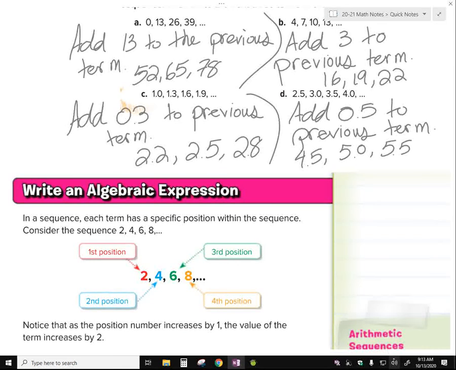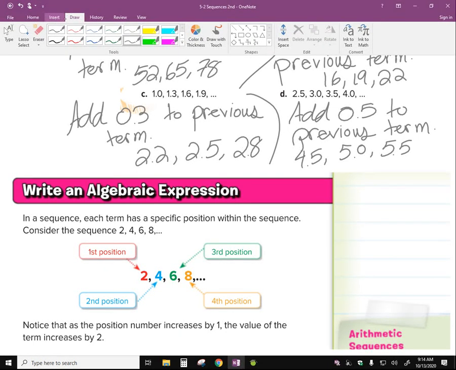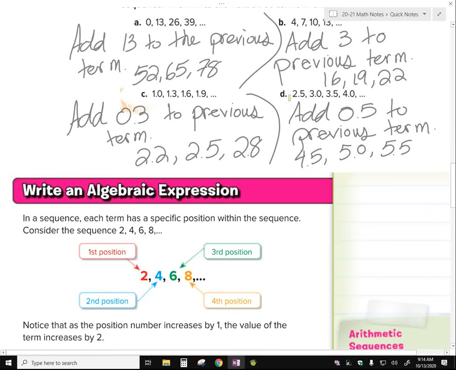Speaking of McGraw-Hill, when you enter this onto McGraw-Hill, if you want to just copy and paste the "add blah to previous term," that's one way to save yourself a little bit of time in the first 15 questions. For example, number 1, if you highlighted this whole thing, then you would just have to change this part here.